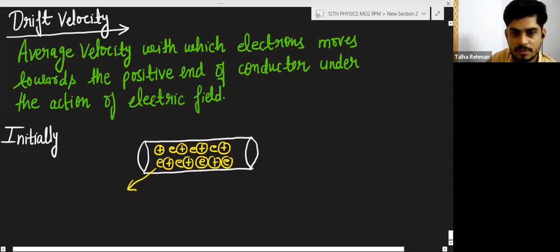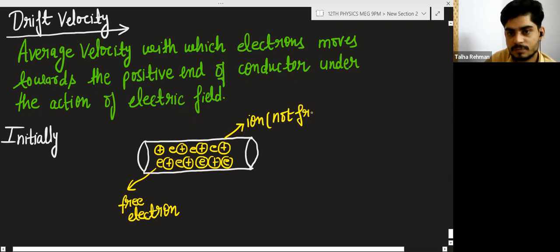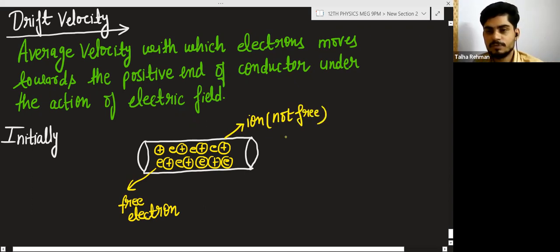This is an electron, a free electron you can say. And this is an ion, and this ion is not free, meaning this ion will not move. Only the electron will perform the motion.